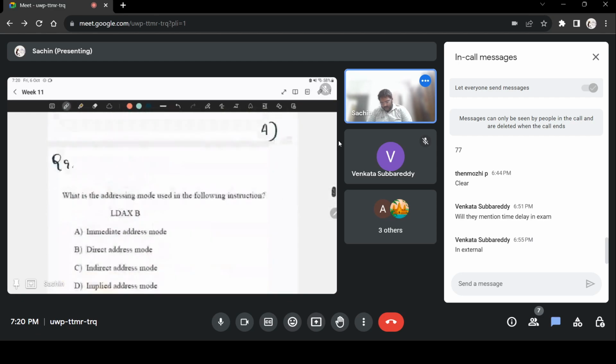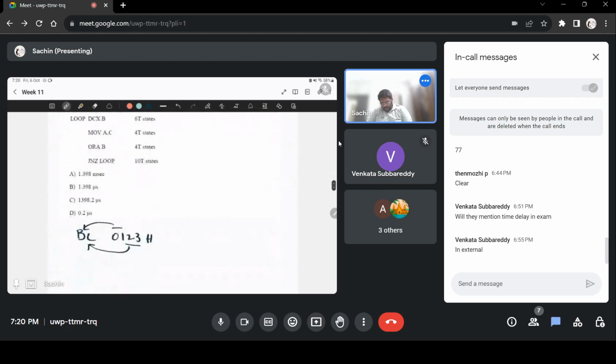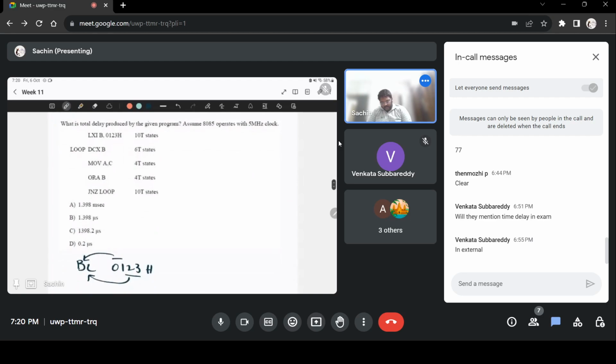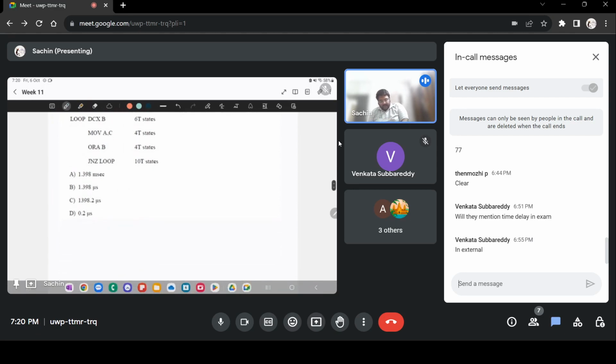Alright. So we'll solve this question now. This is the only question left. At least I'll explain what is happening and then we'll do the actual computation. First, LXI B, 0123H. It's loading onto the register pair BC the number 0123H.